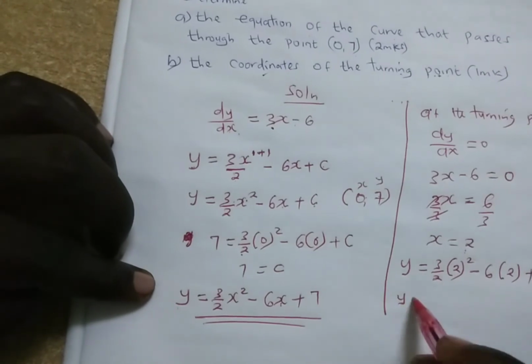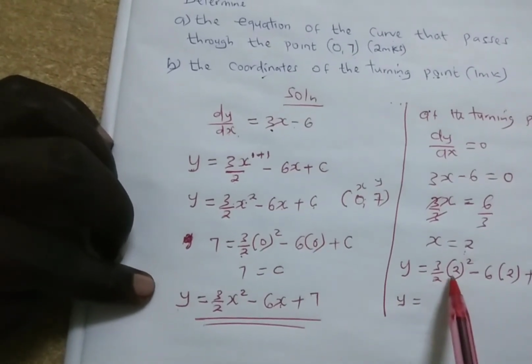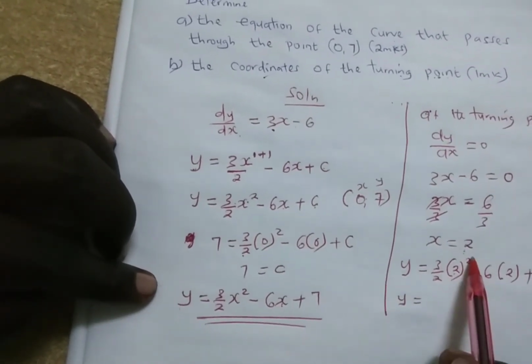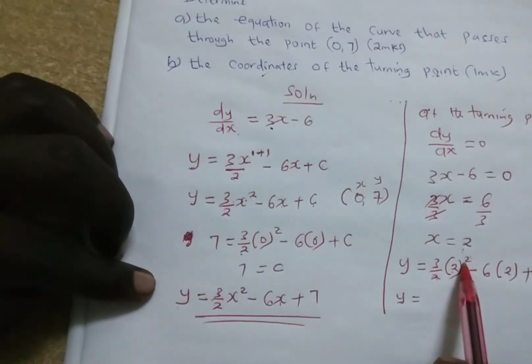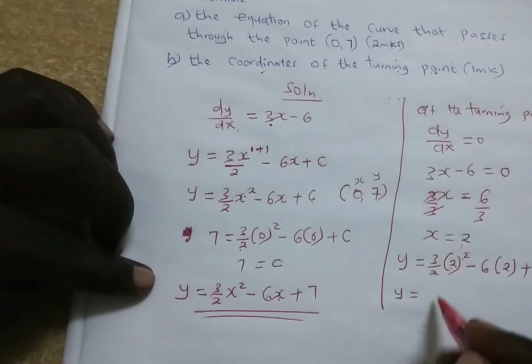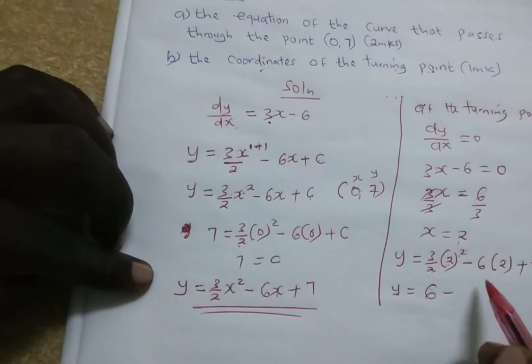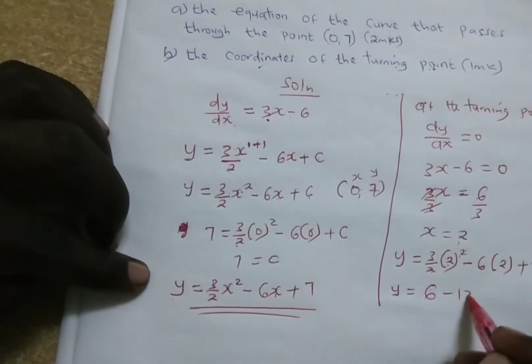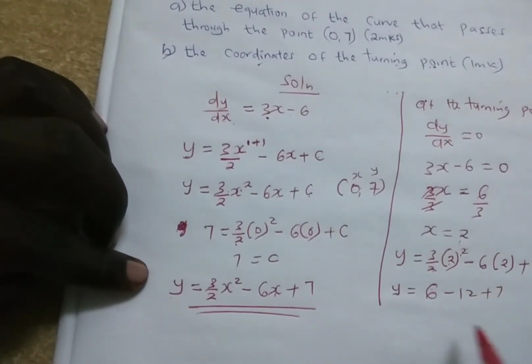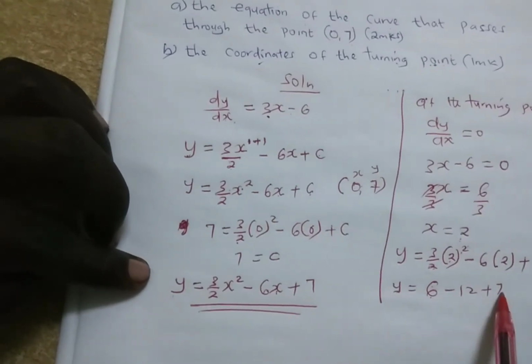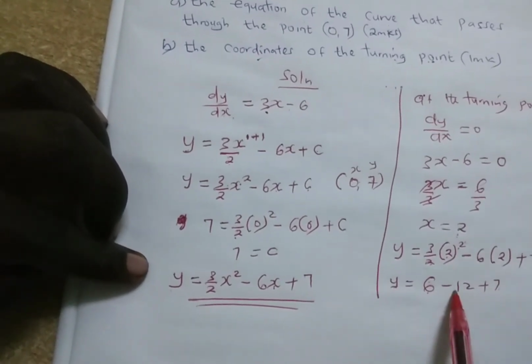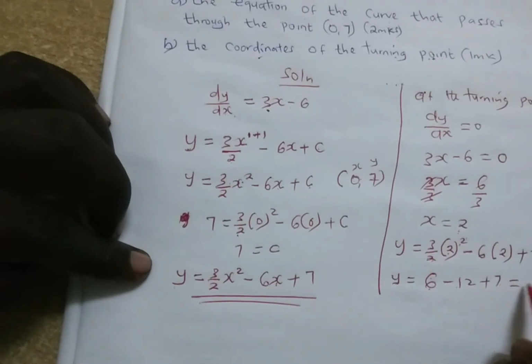We know our y is going to be equal to, this is 2 squared, which is 4, so 2 goes to 4 2 times, then 2 times 3 will give us 6, then minus 6 times 2 will give us 12 plus 7, and if you take 6 plus 7 you get 13. 13 minus 12 will give us 1.